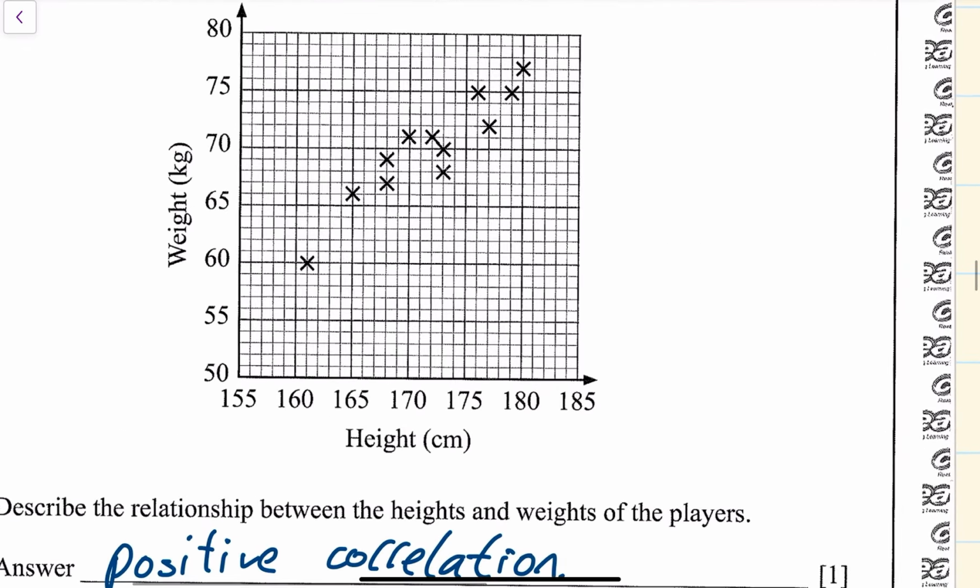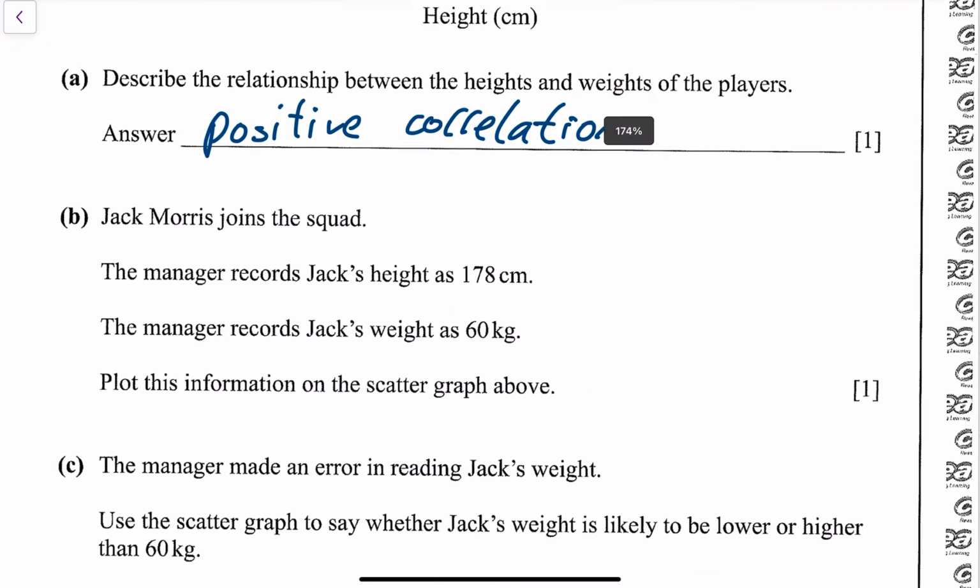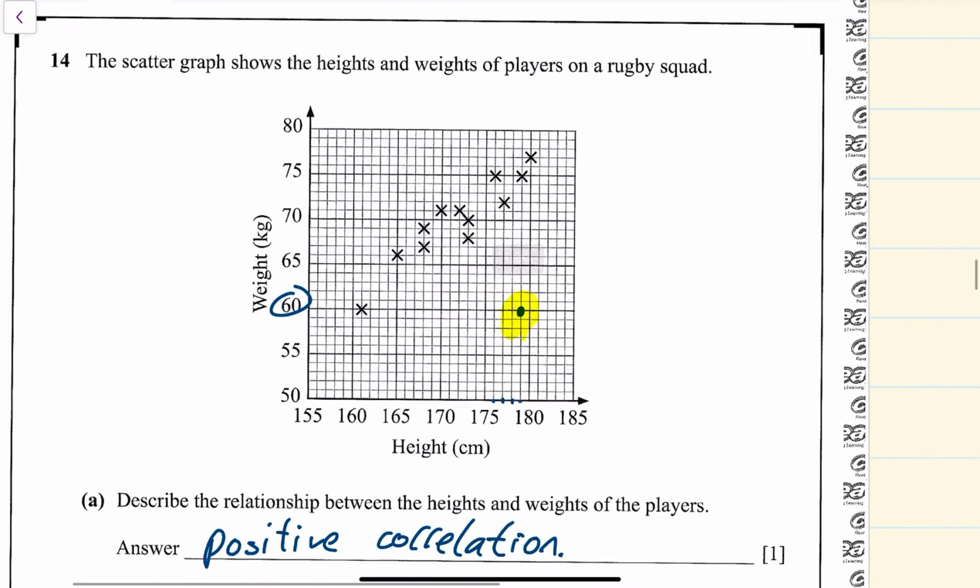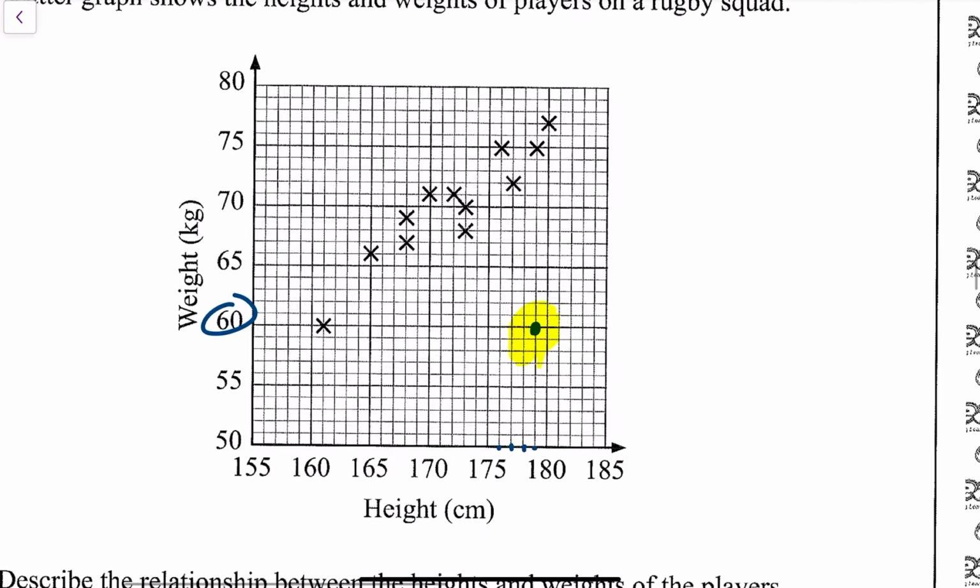The manager made an error in reading Jack's weight on the scatter graph. Use the scatter graph to say whether Jack's weight is likely to be lower or higher than 60. Okay, right. Well, what do you think by looking at this? Jack looks like he is very light for his height.